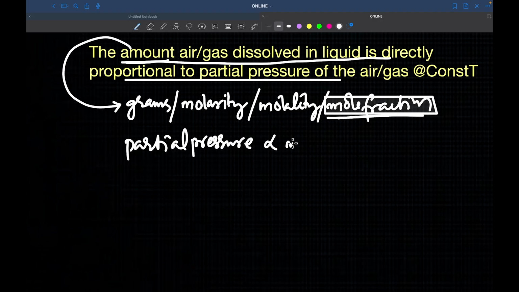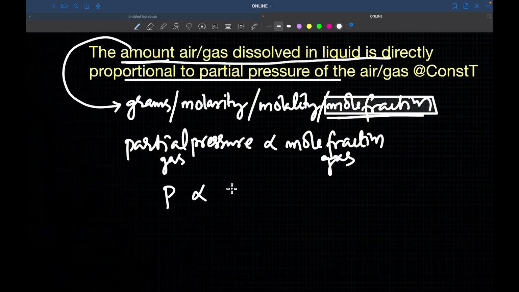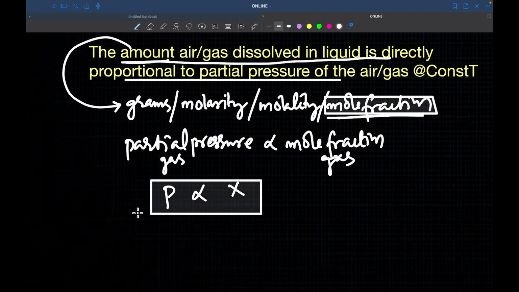This is directly proportional to mole fraction. So partial pressure of the gas and mole fraction of gas directly proportional. Partial pressure we denote it by P, mole fraction we denote it by X. P is directly proportional to X. This is known as Henry's law.